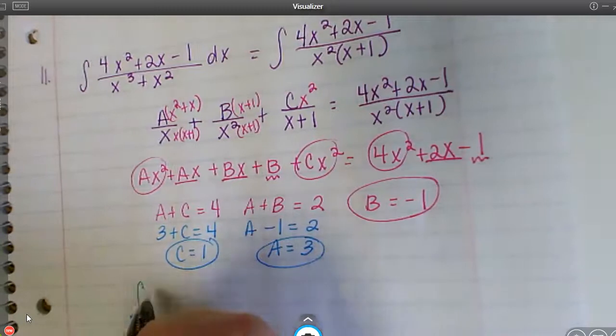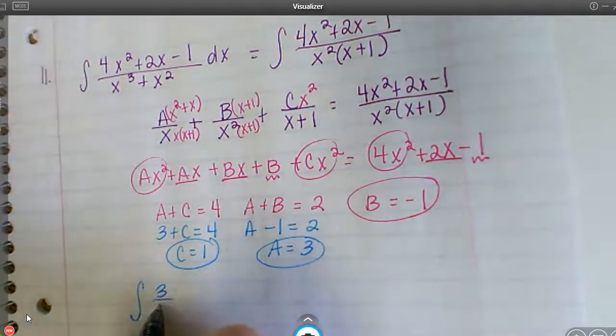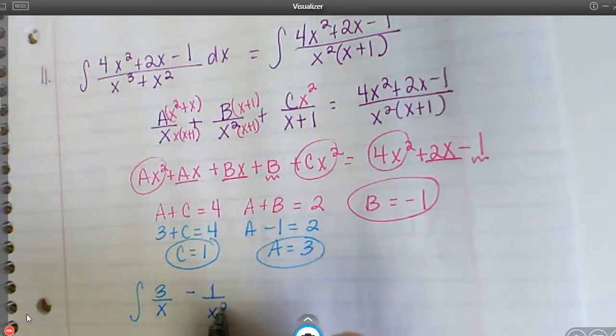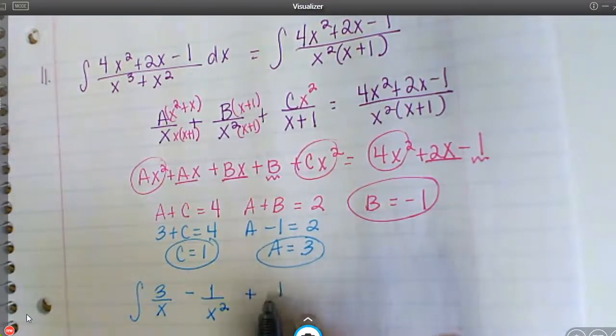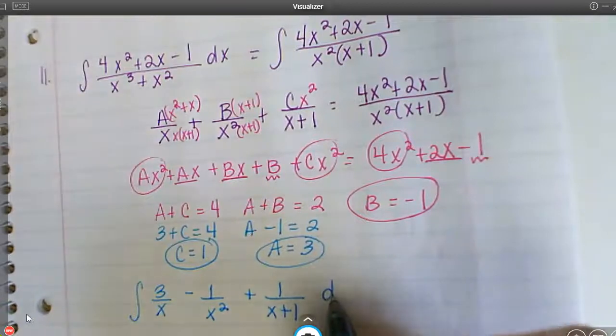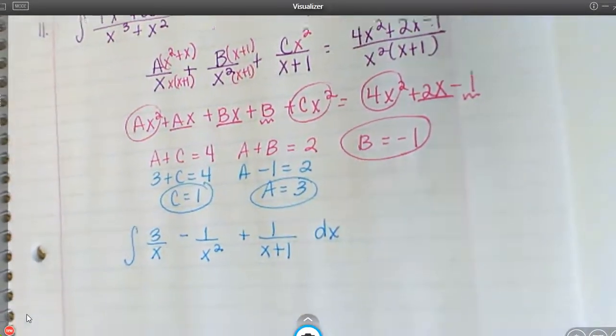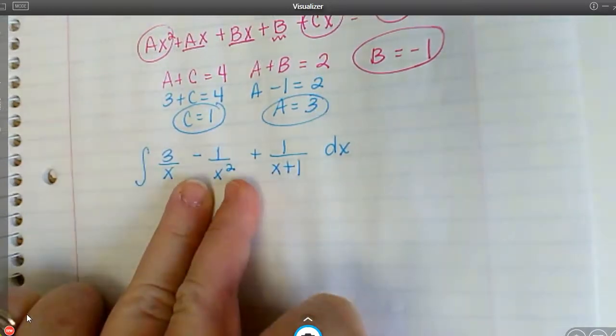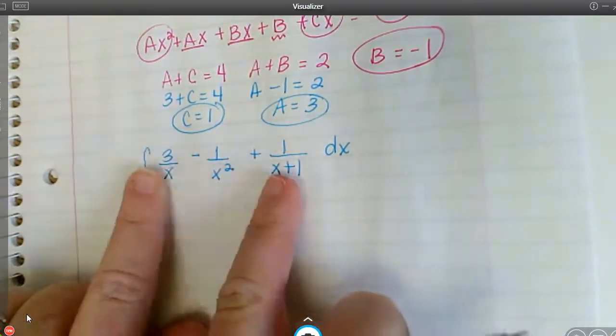So we have the integral of 3 over x minus 1 over x squared plus 1 over x plus 1. Now the antiderivative is just a tad bit tricky because you do need to think about that this is not natural log for the antiderivative. These two are.